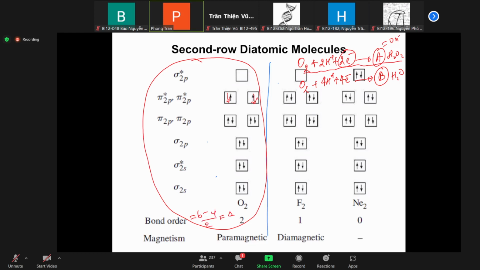That means the product should have an oxygen single bond. So you put 2 protons inside, and it will make H2O2. Now for the case of 4 electrons, you need to add 2 more electrons here. So the bond order will be 6 minus 6 divided by 2 equal to 0. That means there's no bonding between oxygen and oxygen. So you put the product like this with no bonding. So it's water. Is it clear?